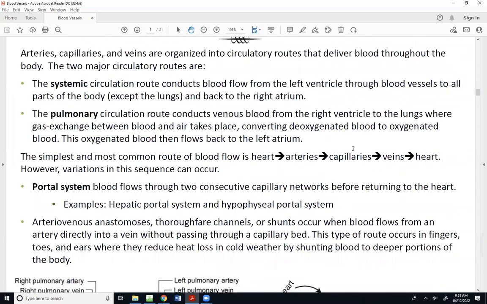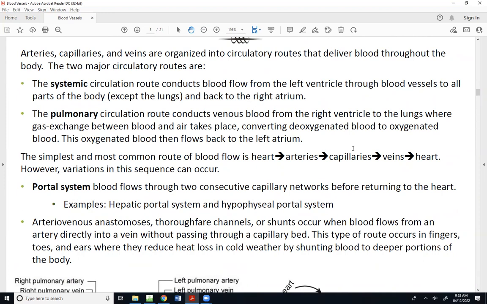All right, arteries, capillaries, and veins are organized into circulatory routes that deliver blood throughout the body. The two major circulatory routes are the systemic and the pulmonary circulation routes. The systemic is what allows blood to flow from our left ventricle into the aorta and then through the blood vessels to all parts of the body except the lungs, and then back to the right atrium.